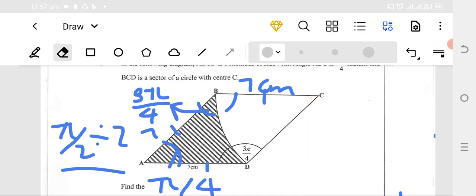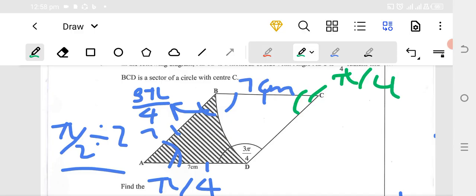Okay. Here the angle, you know that it is pi over 4. And then I draw a straight line like that. I extend another straight line like that, such that here it forms 90 degrees. And then here also, if you look, okay, let me do it properly. Let me use a red one.